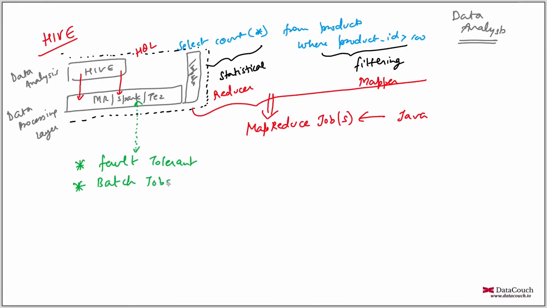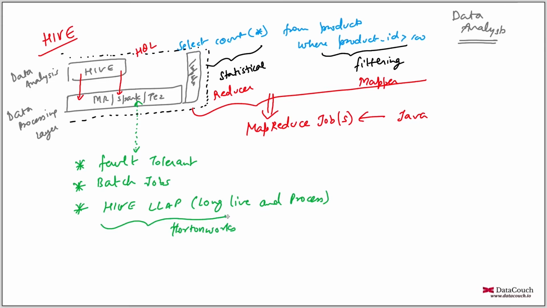Hive has another process which is called Hive LLAP, which stands for Live Long and Process, and this is coming from Hortonworks. The Hortonworks company promoted this component a lot, and this is another release of Hive. It is part of Hive 2.0 only. In case you want better performance, because Hive is slow, it is a batch job. But if you want interactive querying and better performance, then Hive LLAP is a solution.